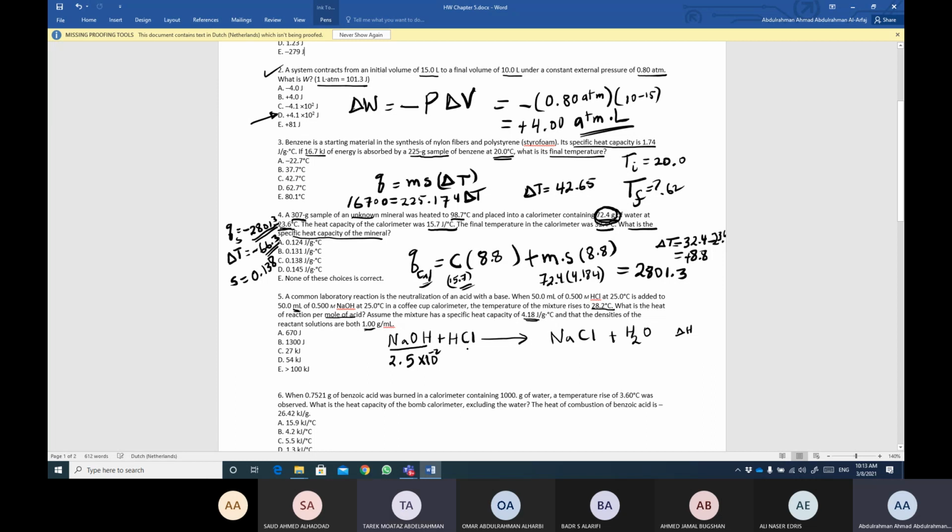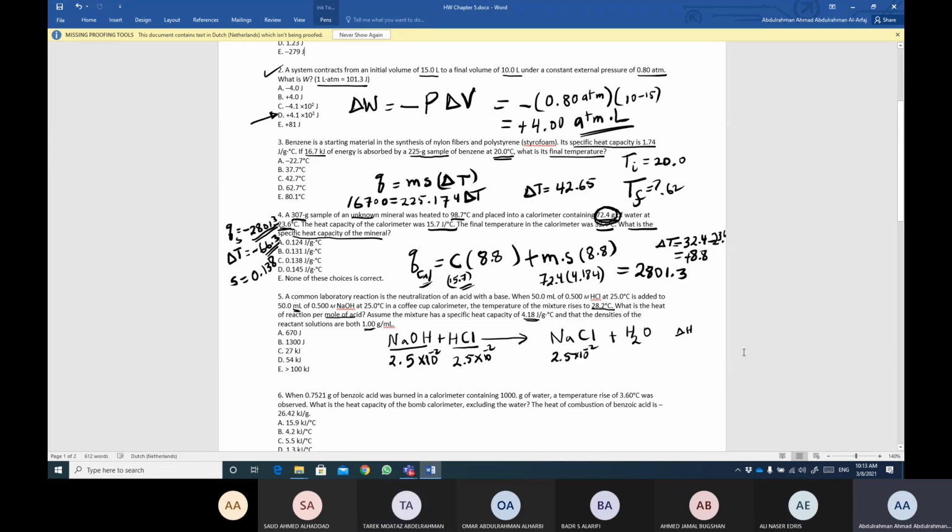So what's the value for HCl? The same. Is there a limiting reactant? No. What's the value for NaCl if we want to calculate it? The same. Everything is the same. Very good.